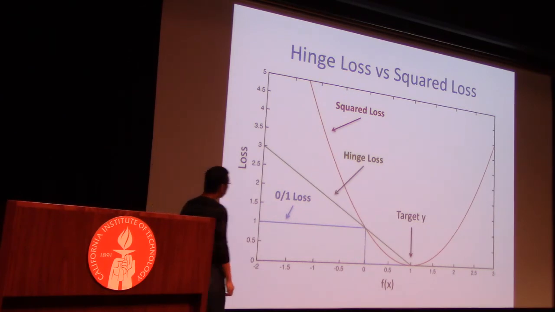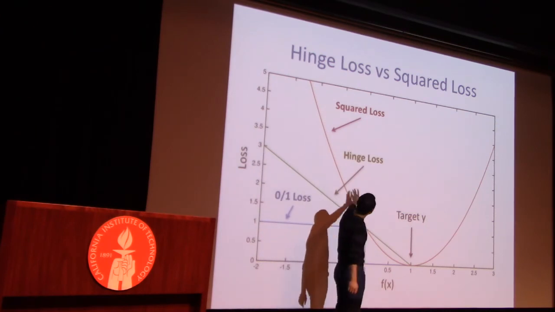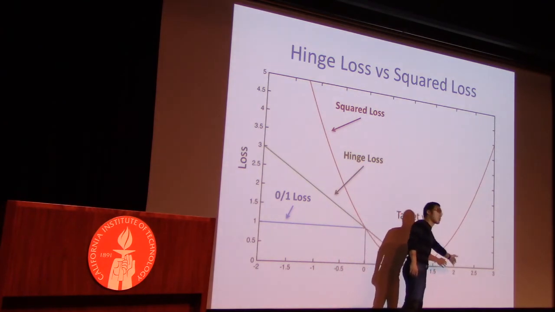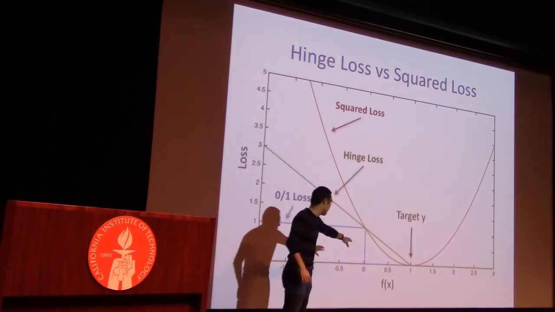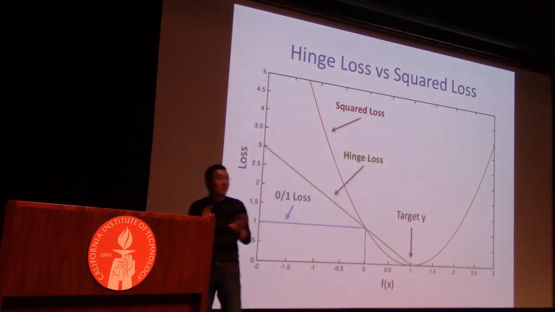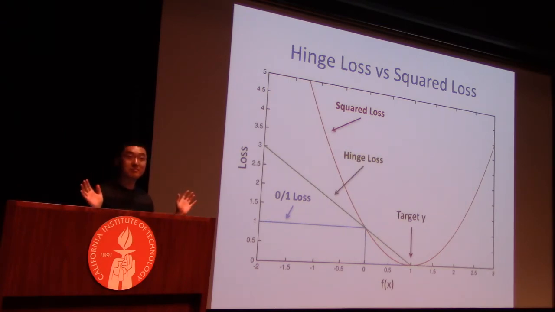First of all, one thing that's kind of weird about squared loss is that if our model predicts a really high score, like a score of 2 for an instance with label +1, squared loss says, oh no, that's wrong. And that seems kind of weird. Whereas hinge loss says, that's fine.